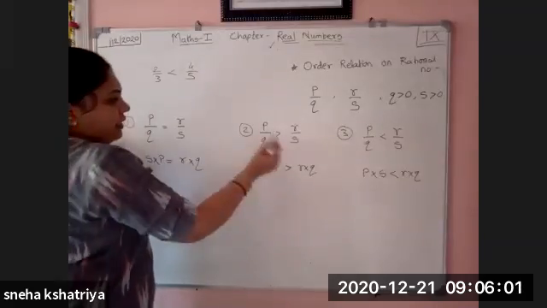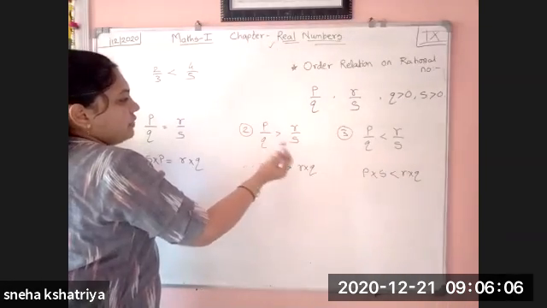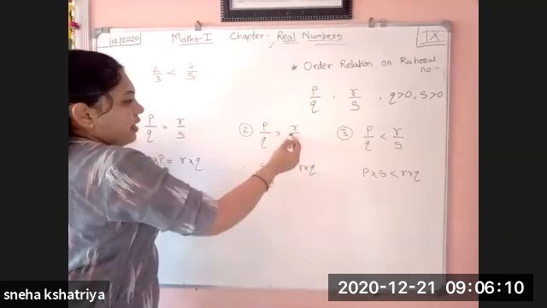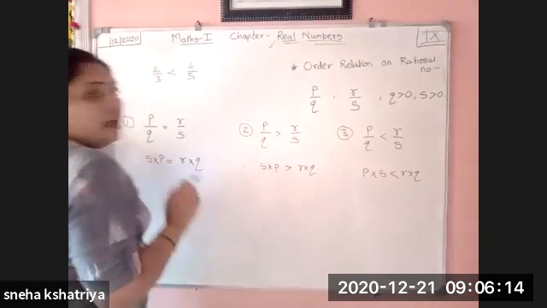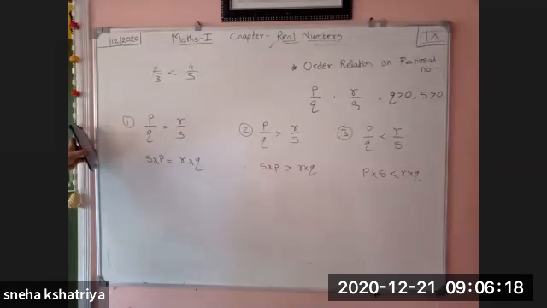If we have any doubt in between this, that how we are going to satisfy this condition, because if the P upon Q fraction is greater than R upon S, then how is it possible that P into S is also greater than R into Q? Okay, so such kind of example if we take, we can get it directly.